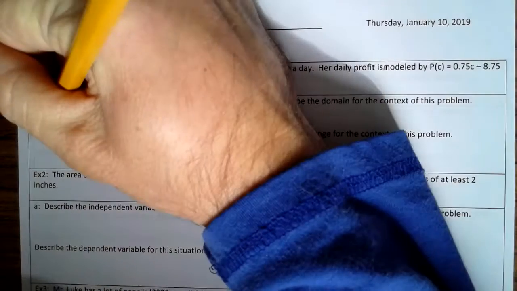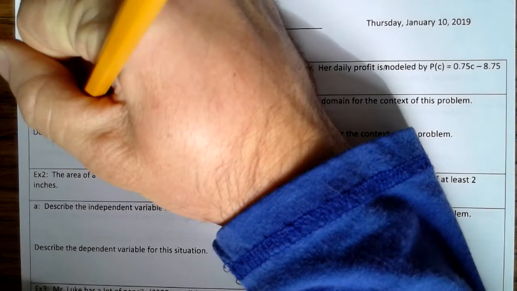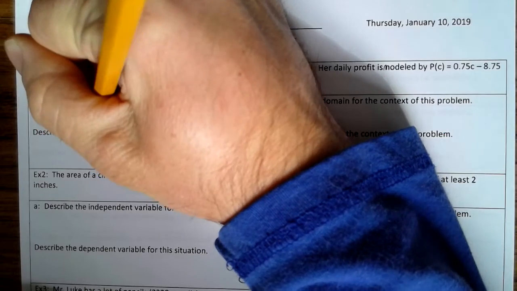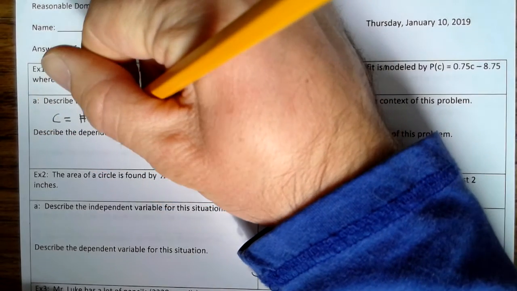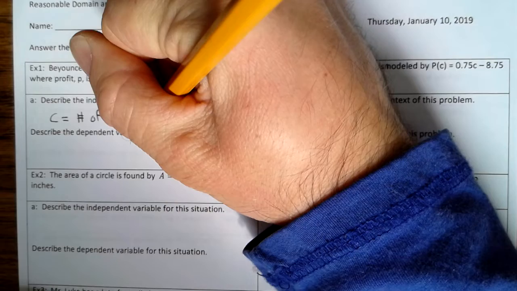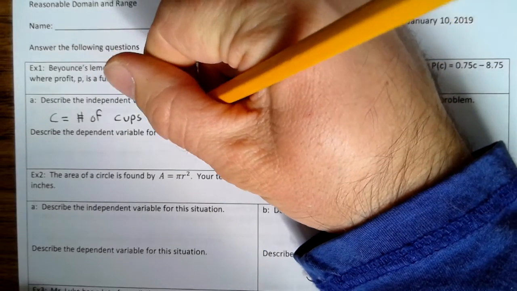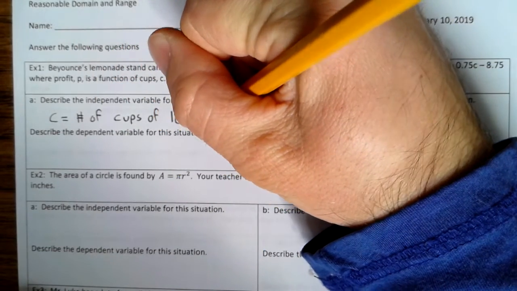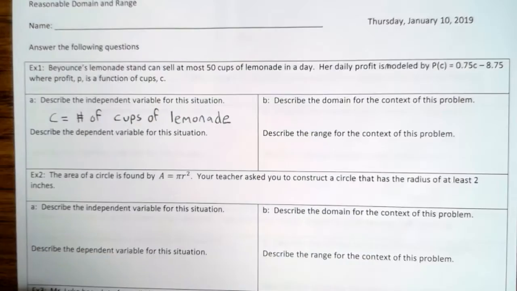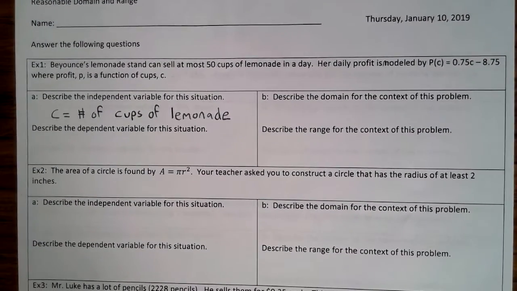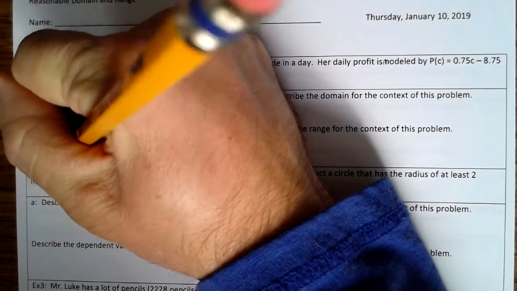So C equals the number of cups of lemonade. Now, describe the dependent variable. That's P, which is equal to the amount of profit.